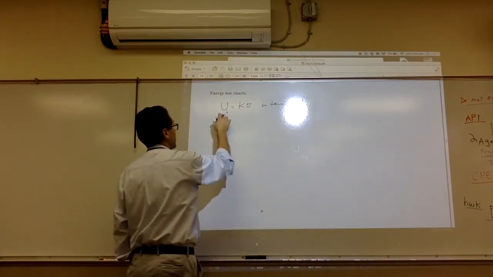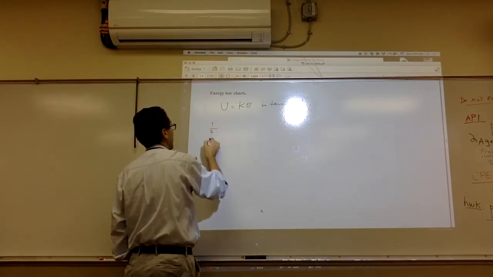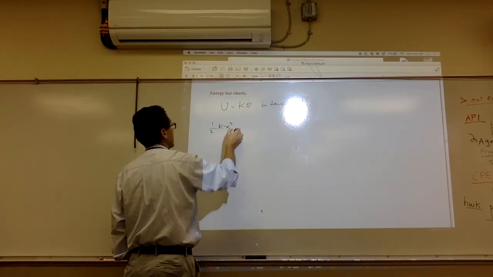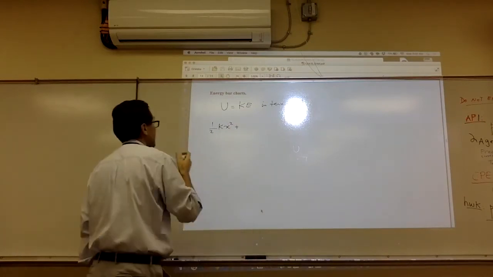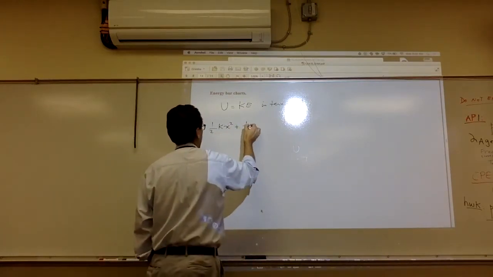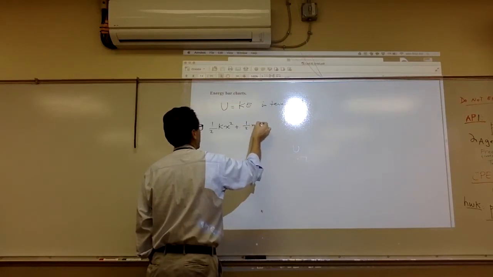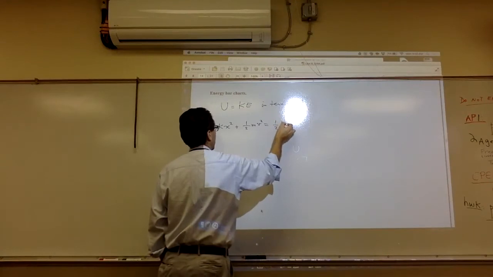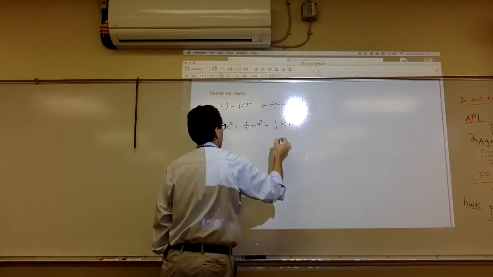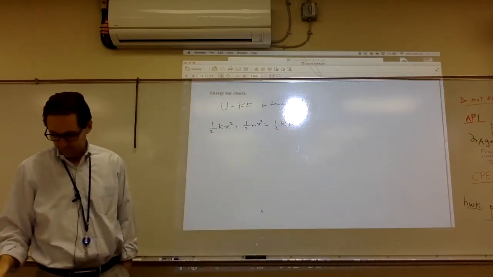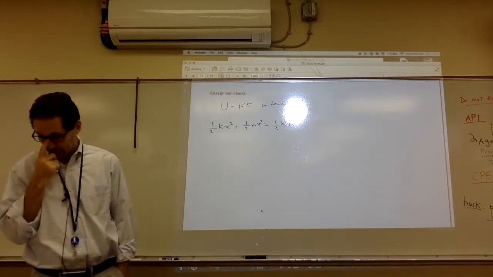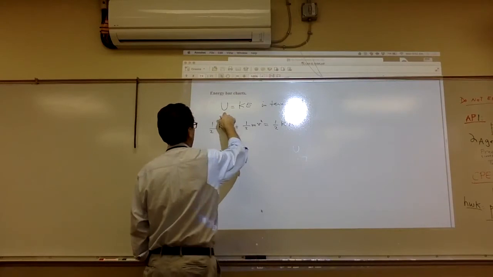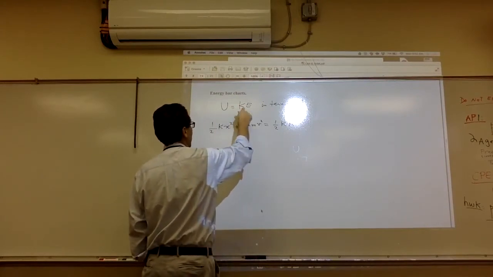So at this location, I have 1/2 k x squared. I'm going to find the x here, right? Plus, I can do 1/2 m v squared equals 1/2 k A squared. Okay, and I'm setting it up so that my potential energy and my kinetic energy are the same.